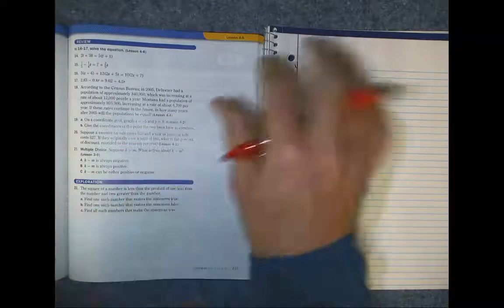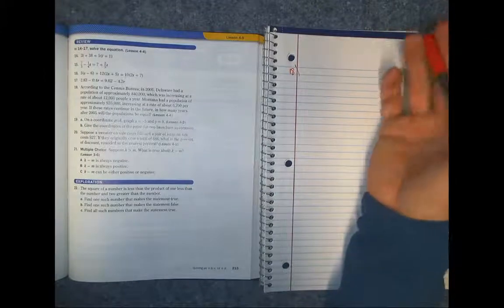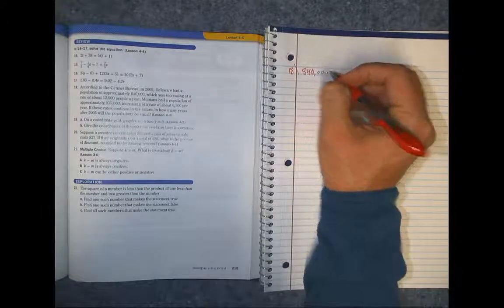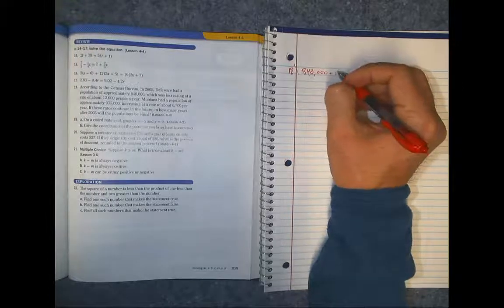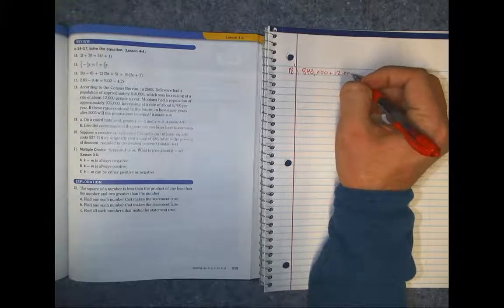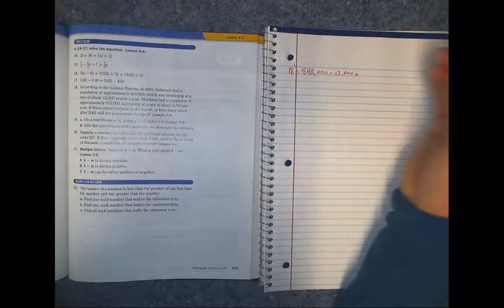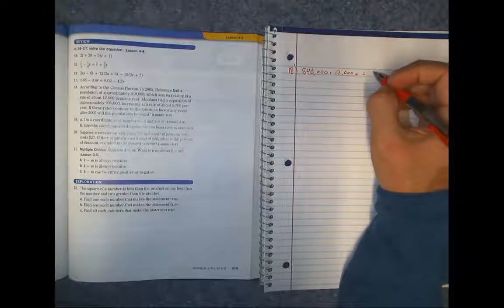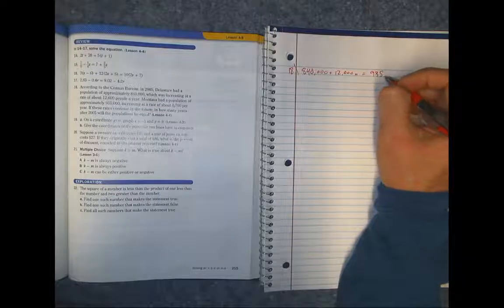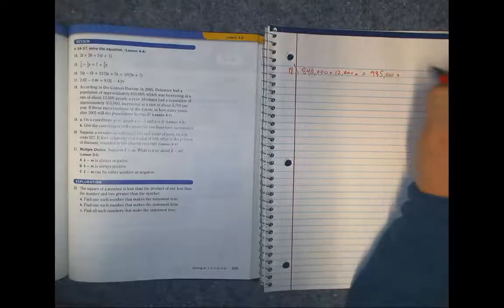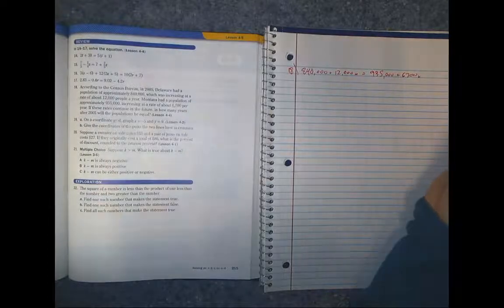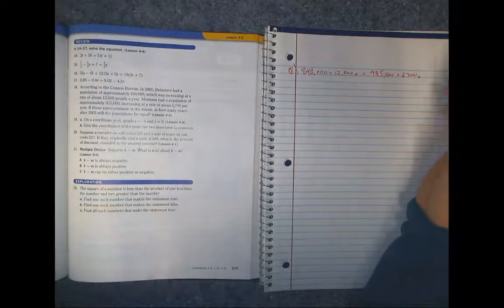So we're going to write these as expressions and set them equal to each other. So we have 840,000 plus 12,000 per year. I'm going to call that X. You can use Y. When does that equal Montana, which is 935 plus 6,700 per year? So it's just big numbers, same thing.